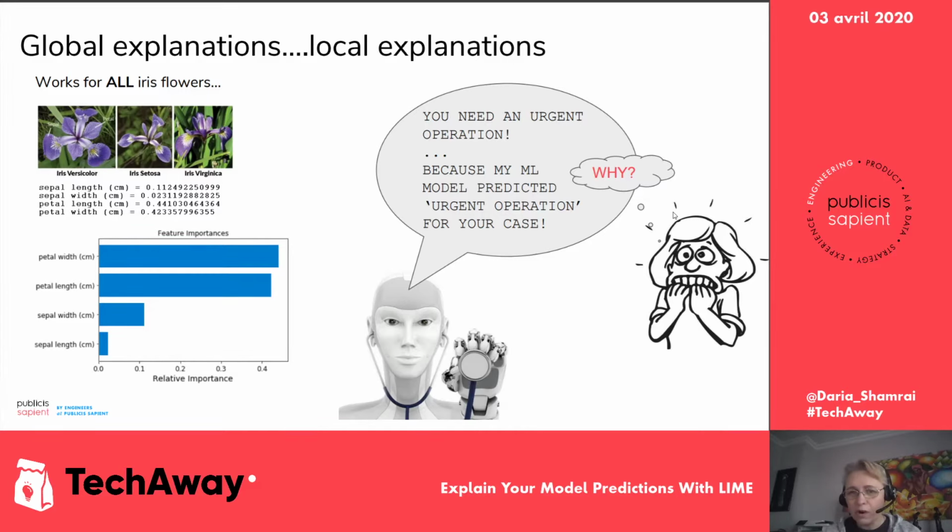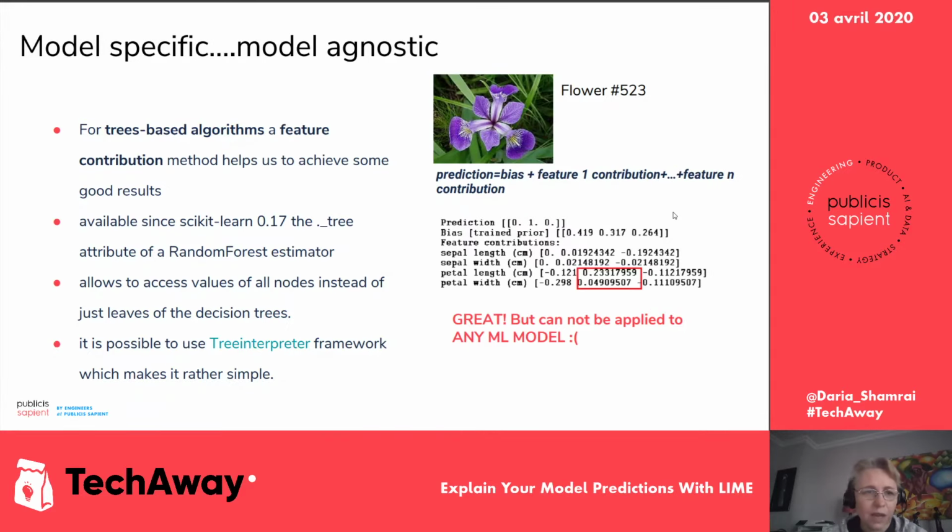And with a metallic voice, it tells you, because my ML model predicted urgent operation for your case. Okay, that probably makes you happy, but you still want to know why. A local explanation for a single particular instance, like your particular instance, would be nice in this case. And that's why we really care to make our explanations local.